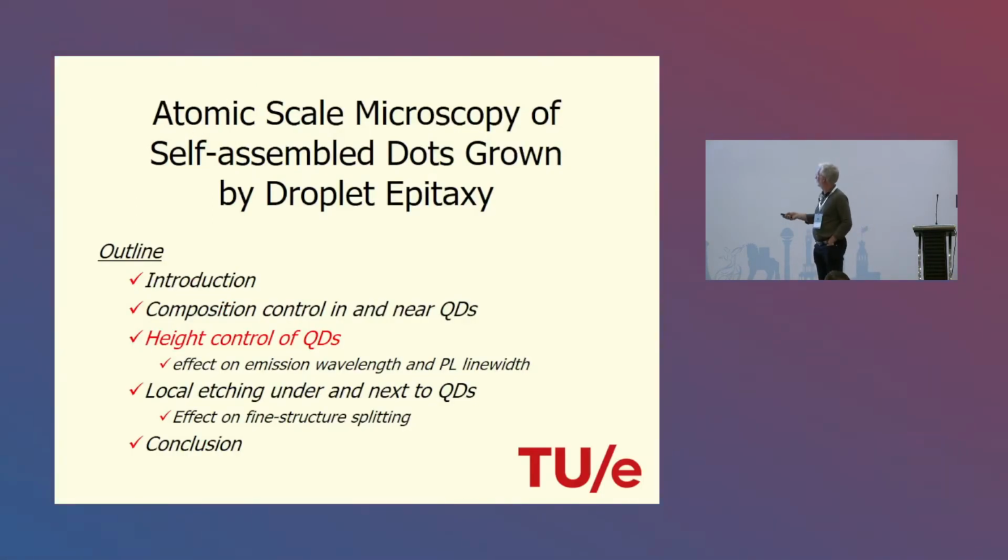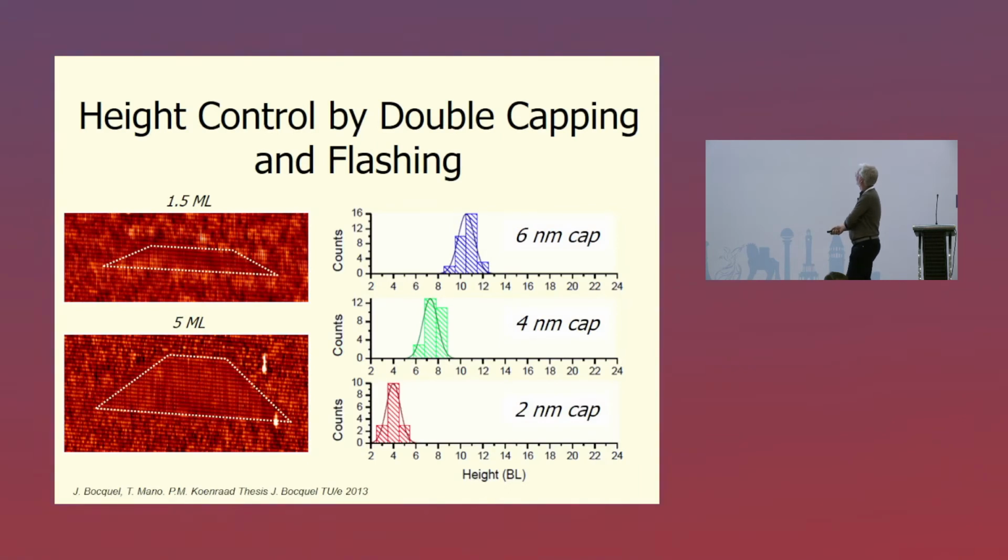And that brings me to height control of quantum dots that you can obtain by this double capping and flashing method. Here are again a few quantum dots that we grow. This is a 1.5 monolayer gallium deposition, and here we have a 5 monolayer deposition. But we can see that we can control the height by the capping that we do in the material.